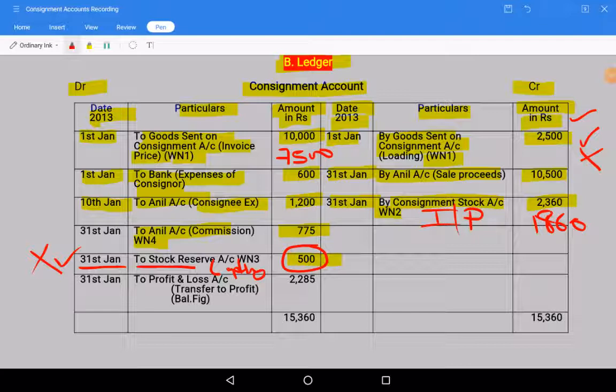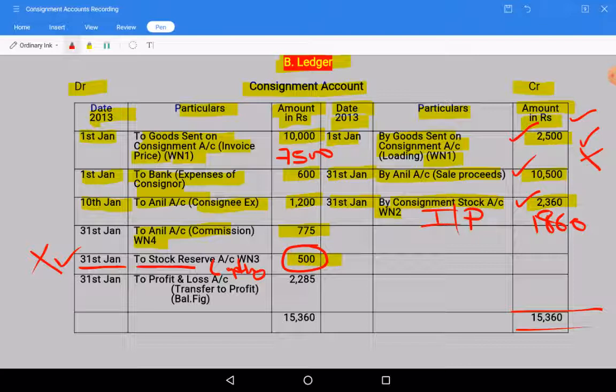So on the credit side you will have a total of 2,500 plus 10,500 plus 2,360, total 15,360.